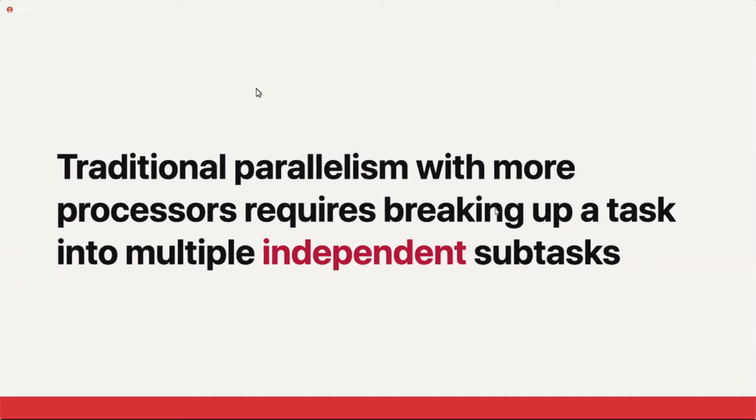But there is a critical assumption that we have to make. The assumption is that the task we try to parallelize will have to be broken up into multiple independent subtasks.